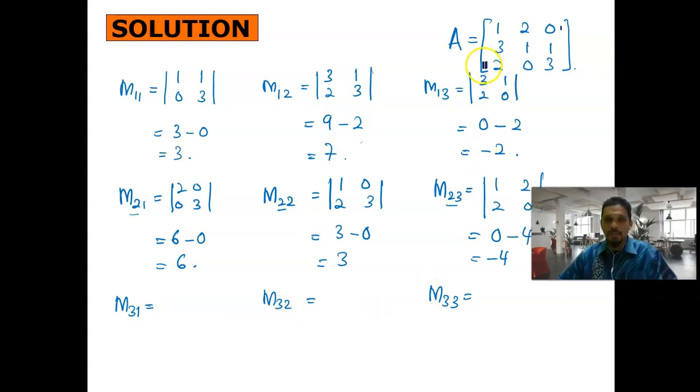So I delete row 3 here, and begin with column number 1. What's left here now? We get 2, 0, 1, 1. So 2 times 1 equals 2, minus 1 times 0 equals 0. That is equal to 2.